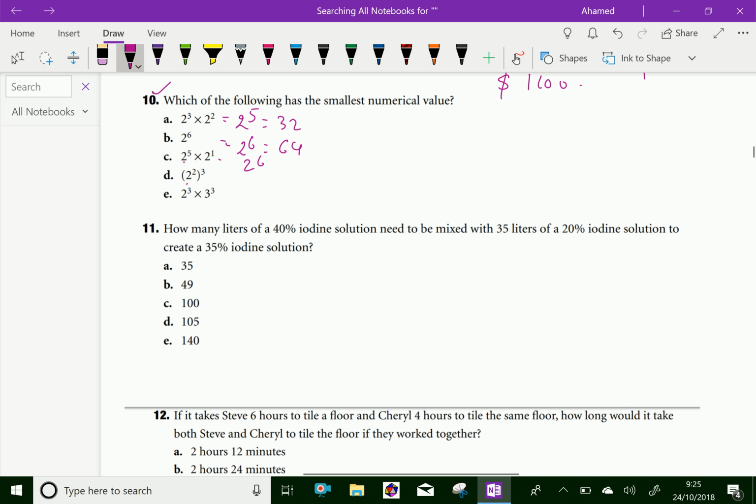Here 2 power 2 into 3 is also 2 power 6. Here 2 power 3 is 8, and 3 power 3 is 27. So of course 8 into 27 is greater than 32. So our smallest numerical value is the first one, option A.